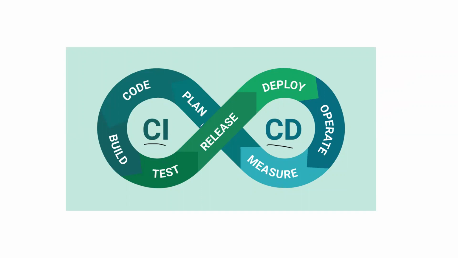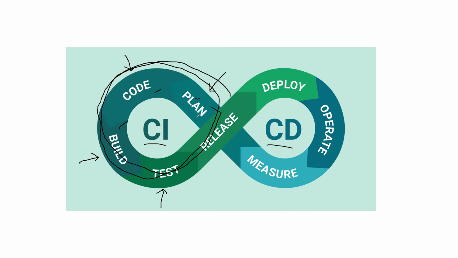So in a continuous integration process, participants, the code is planned, the code is written by the developer, the code is built and tested. So this part is like continuous. It is done continuously, one after the other, one after the other.